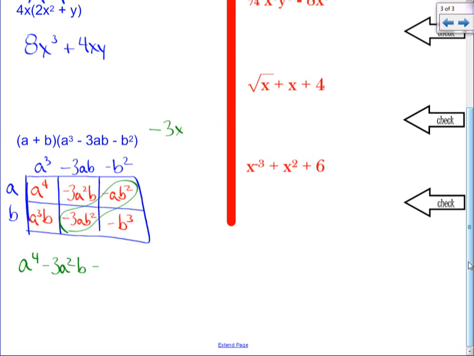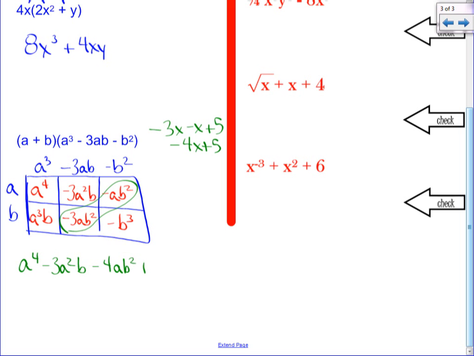Let me write it right next to it. If you were going to combine like terms, what would that be? This would be negative 4x plus 5. Yes? So knowing that, this would be negative 4ab squared.